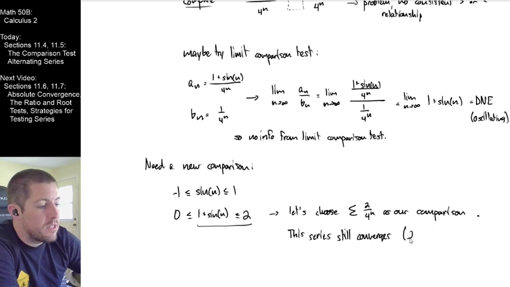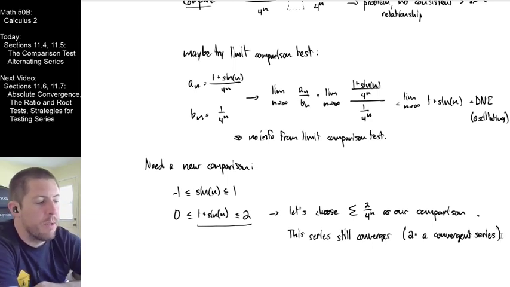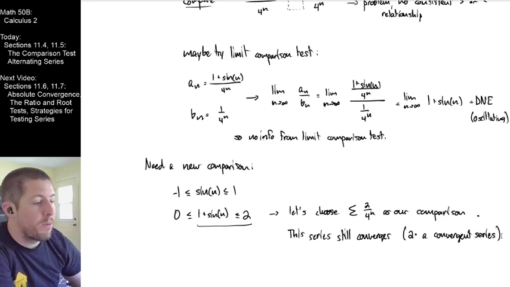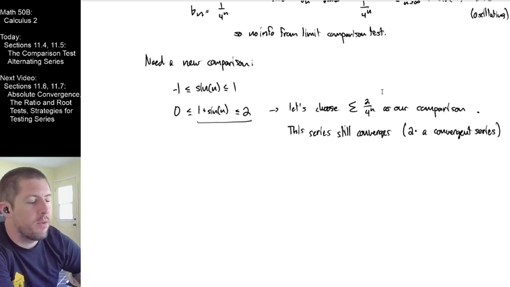The series still converges. It's 2 times a convergent series. This is just taking double of the series 1 over 4 to the n, which we know converges to 4/3, so this is going to converge to 8/3 right here. So this should be a perfectly reasonable comparison partner for us now.